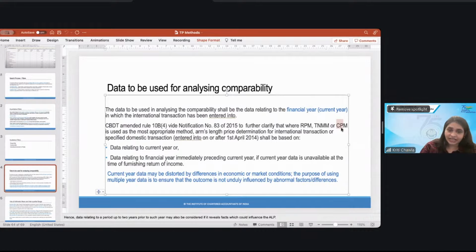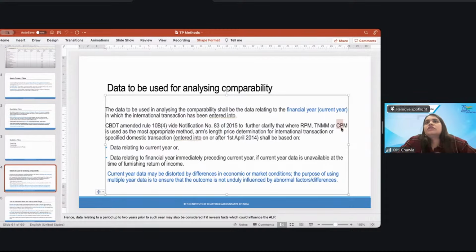So this is the reason only current year data should not be used. You should use multiple year data because it's not influenced by abnormal factors or differences. So this is the reason multiple year data is better in terms of its usability.